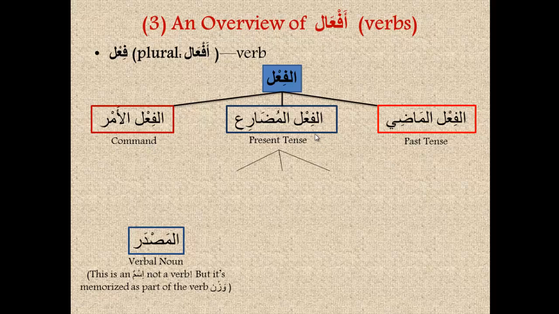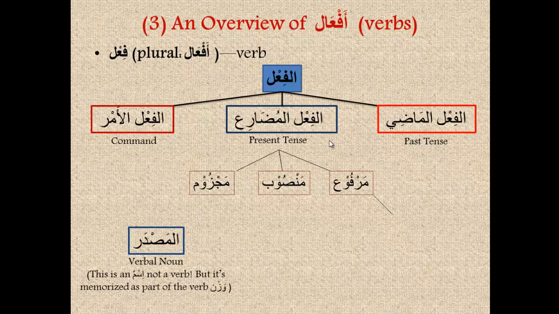The present tense can further be divided into three more groups. Here we are. We can have marfu', mansub, or majzoom. So we can have al-fi'l al-mudari' al-marfu', al-fi'l al-mudari' al-mansub, al-fi'l al-mudari' al-majzoom. These are three types of present tense verbs.